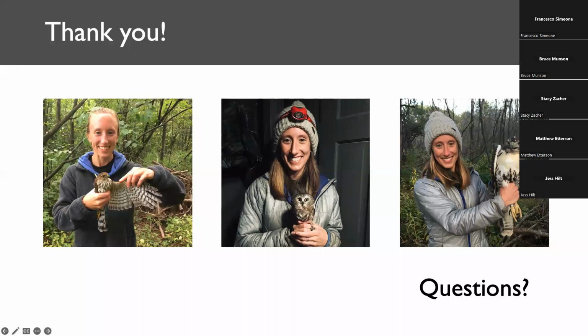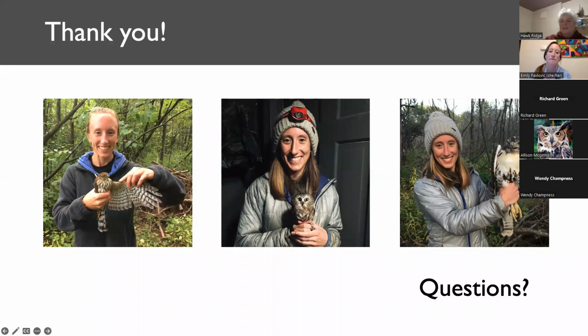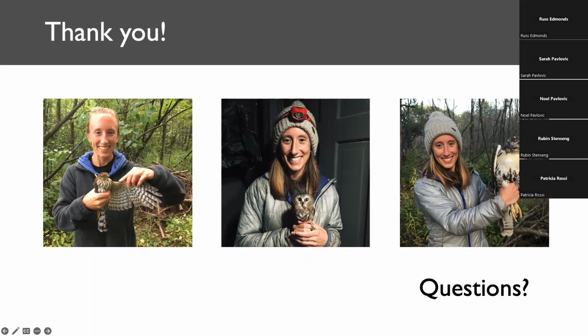Your pictures of the band return locations for sharp-shinned hawks look like there's sort of a line going south from Duluth. So are these birds caught at different times? Yes. So would it be possible to have a map showing where they are? I assume that they're not going to the places that they're found, right? They're going through there. Yep.